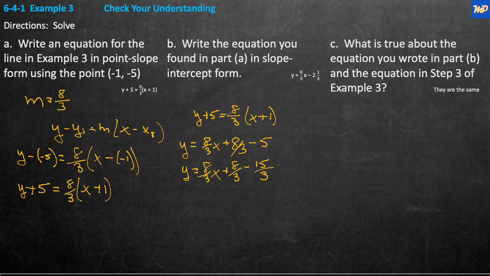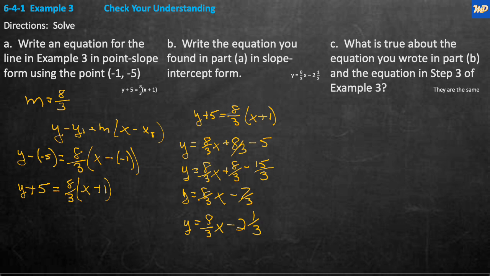So it's minus 15/3 plus 8/3, what is that? 8 minus 15 is minus 7, correct? So y is equal to 8/3 x minus 7/3. So now that equation is y equals 8/3 x minus 2 1/3.